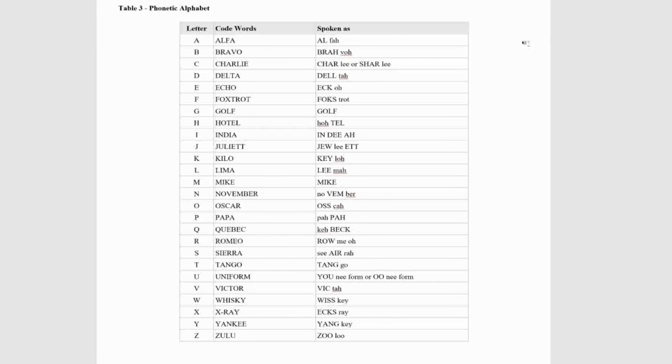Next is the phonetic alphabet. Most people know this. A lot of people who use telephones use the phonetic alphabet. A, Alpha, Bravo, Charlie, and so on. It's not hard to remember. You just need to practice spelling things out verbally and trying to use the phonetic alphabet. When you use amateur radio, you'll find that a lot of stations change the phonetic alphabet.